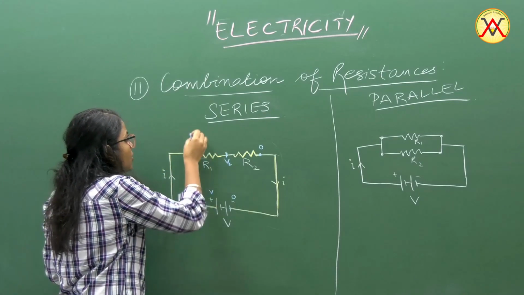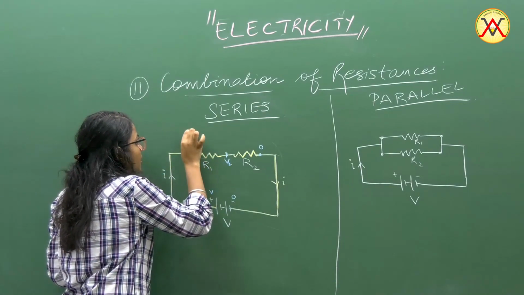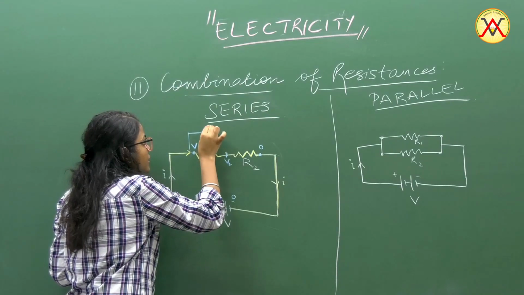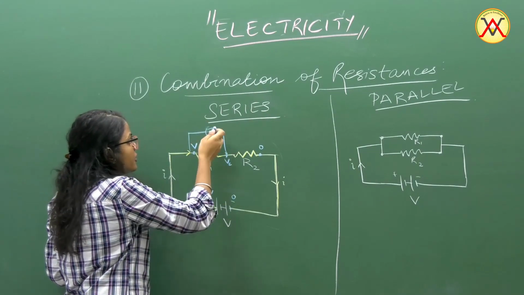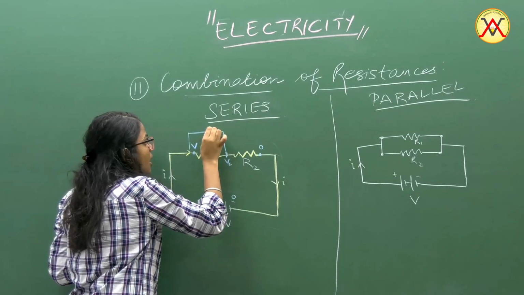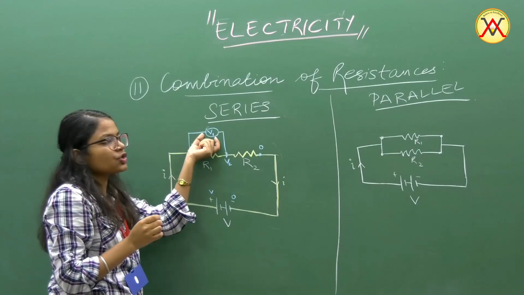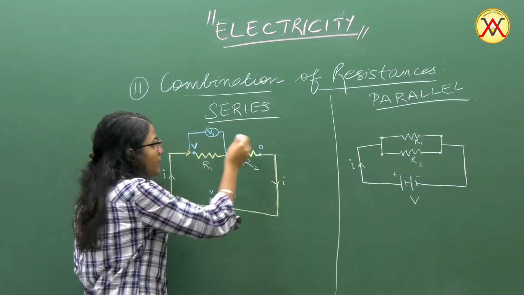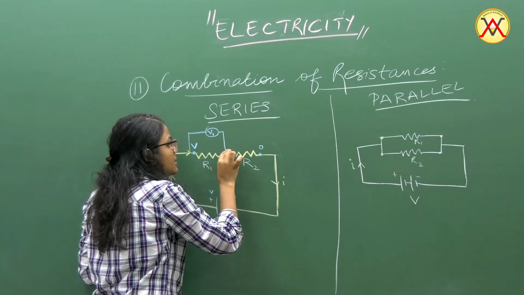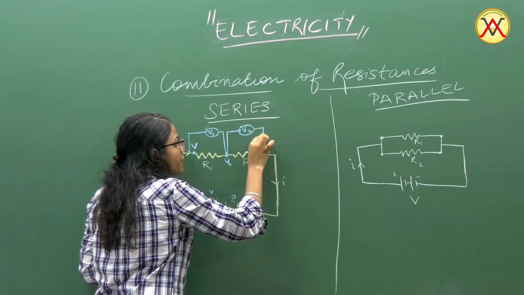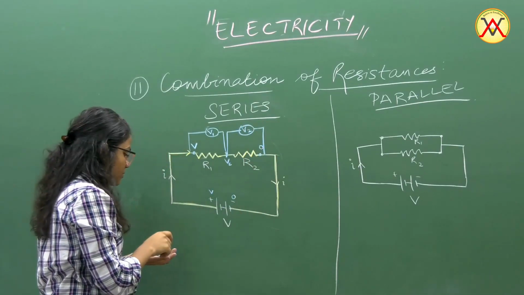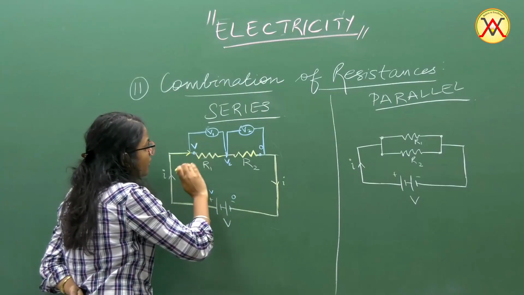Now let us see if we attach our R1 resistance to a voltmeter showing voltage V1 and our R2 resistance to a voltmeter showing potential difference V2. So what do we have?